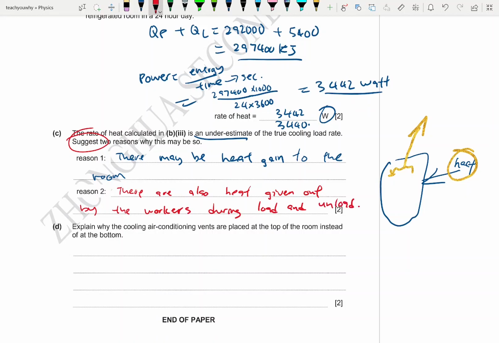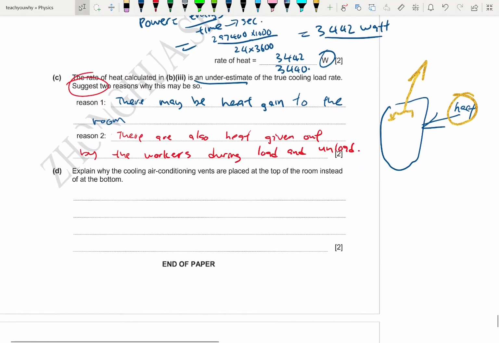So basically, when the workers go into the refrigerated room, they also emit heat, and the fridge will also have to remove this heat given off by the workers. In that sense, we also underestimate by not accounting for this kind of load.